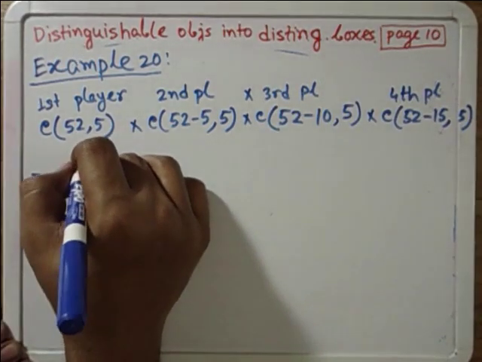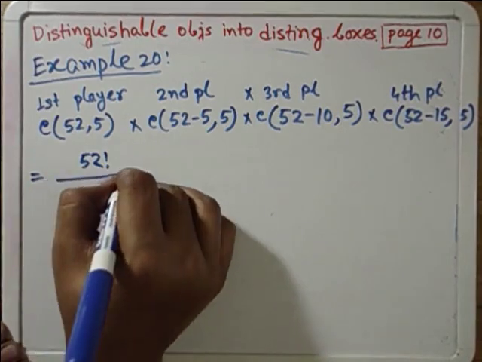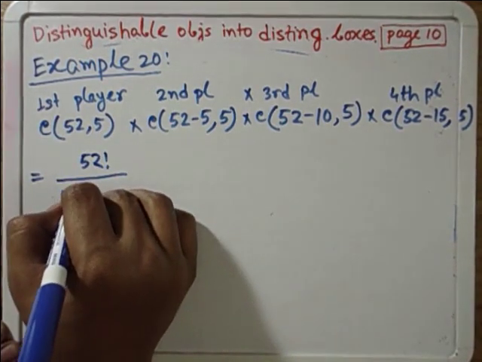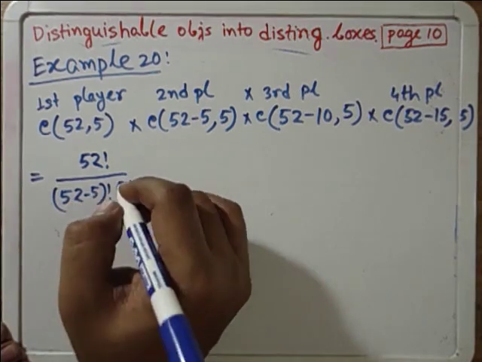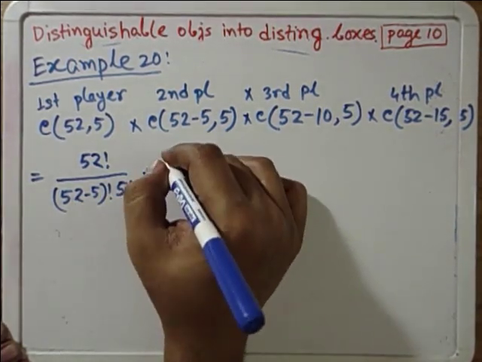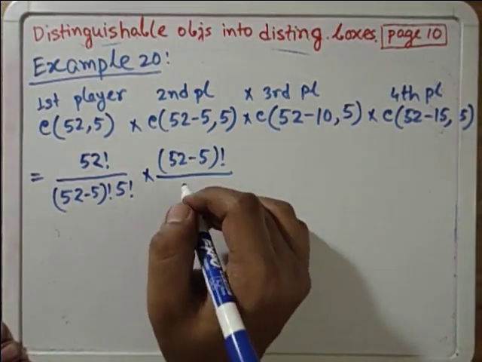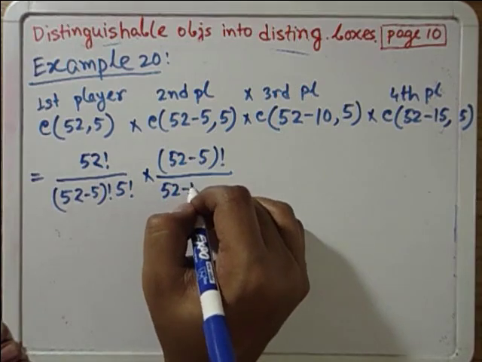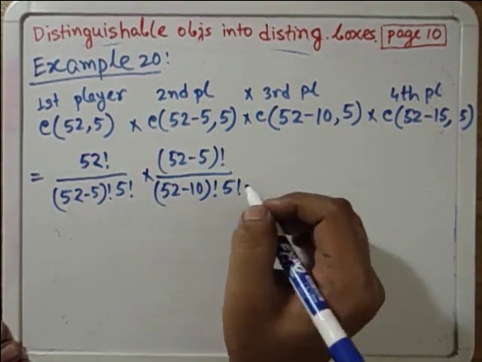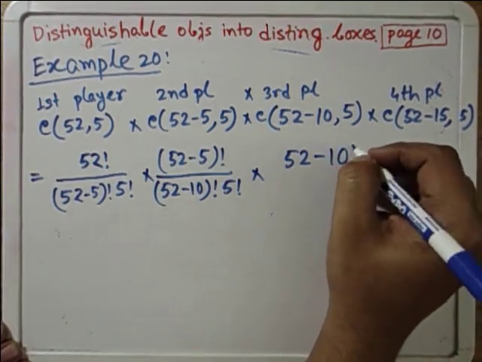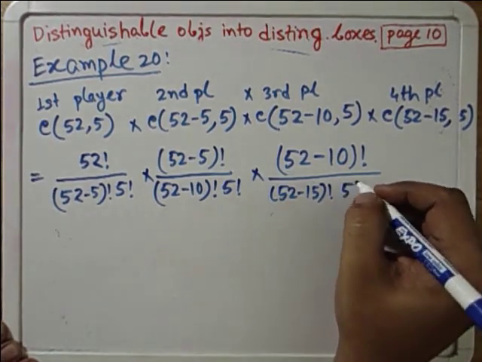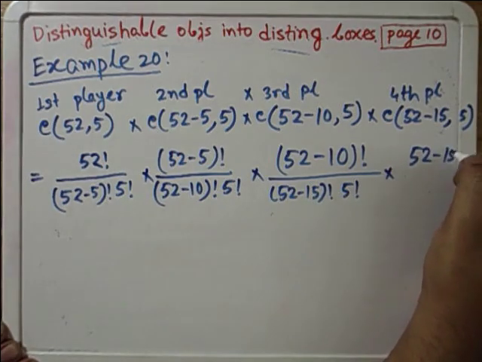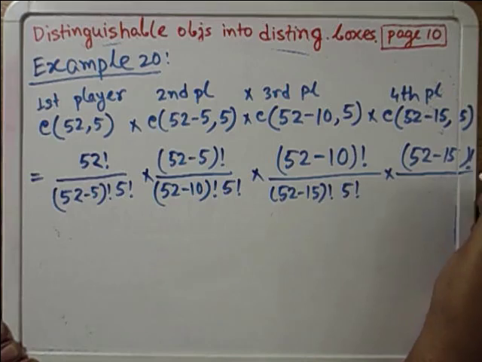If you want to simplify it, this is 52 factorial over 52 minus 5 factorial, 5 factorial, times 52 minus 5 factorial over 52 minus 10 factorial, 5 factorial, times 52 minus 10 factorial over 52 minus 15 factorial, 5 factorial, times 52 minus 15 factorial over 52 minus 20 factorial, 5 factorial.